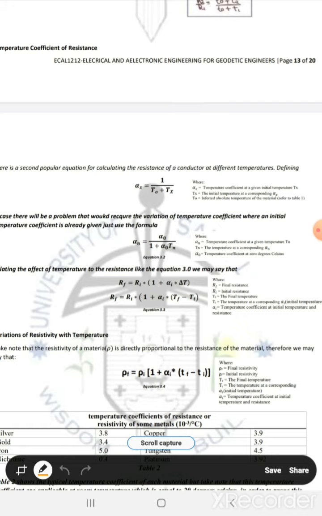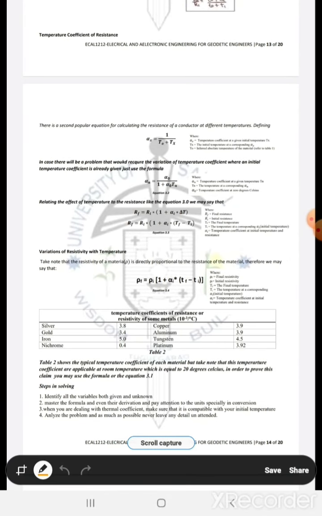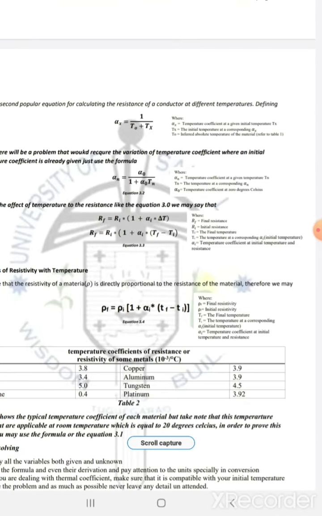Okay? So, this means that it is equal to, anong unit ng temperature resistance nyo? It is equal to per degrees Celsius. Okay? Dapat naka per degrees Celsius yan.